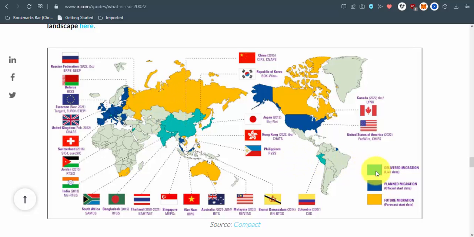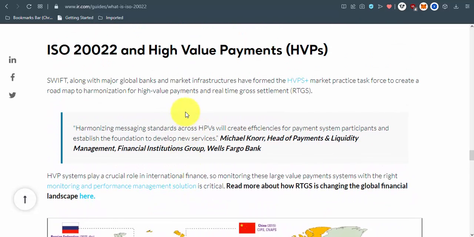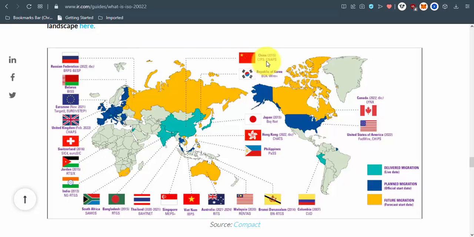So this light blue here says the live migration date, delivered migration. If you look at countries like China, as I've already mentioned in my previous video, China has an HVPS system, which is the RTGS system, as I've stated before. China's RTGS system is called CNAPS, and in 2015, their RTGS system CIPS became live with ISO 20022.